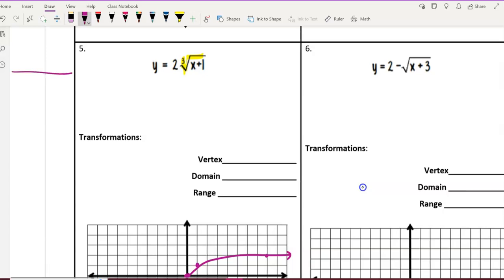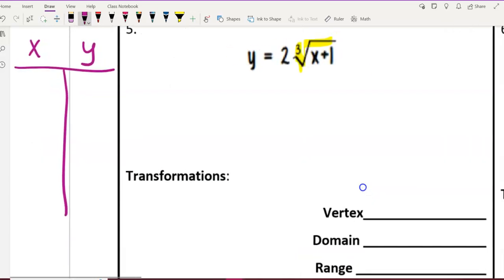So mathematically, you would start a t-chart of x and y. You need to leave some space so that you can write the old x and y values and the new ones. The old ones are (-8, -2), (-1, -1), (0, 0), (1, 1), and (8, 2).